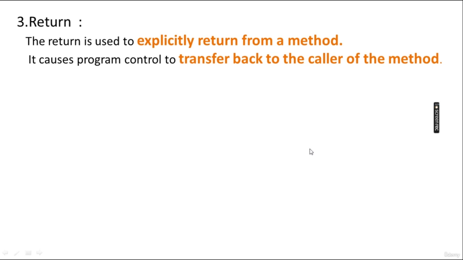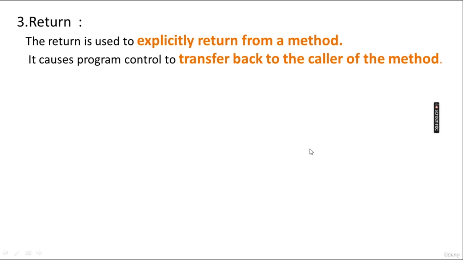And last is return. The return is used to explicitly return from a method. It causes control to transfer back to the caller of the method. When you are using a method call, the return is present there, but it is not shown every time. After completion of that particular method, the program will always return to the main method.